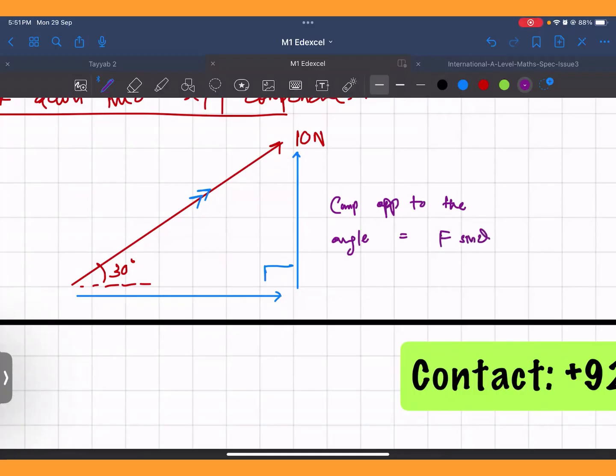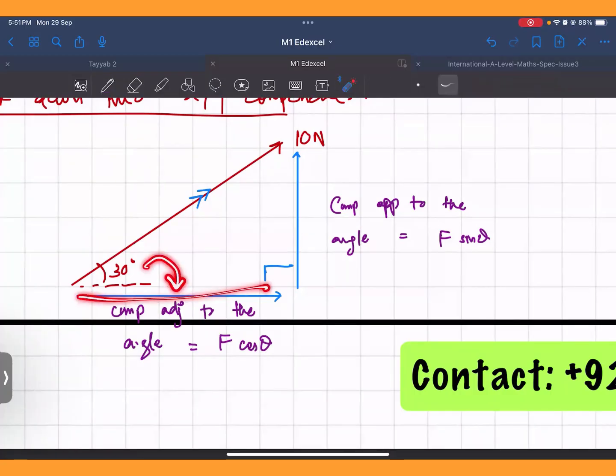And similarly, the component which is adjacent to the angle will be F cos theta. So you can see this side is adjacent to the angle, 30 degrees, and this side is opposite to the 30 degree angle.